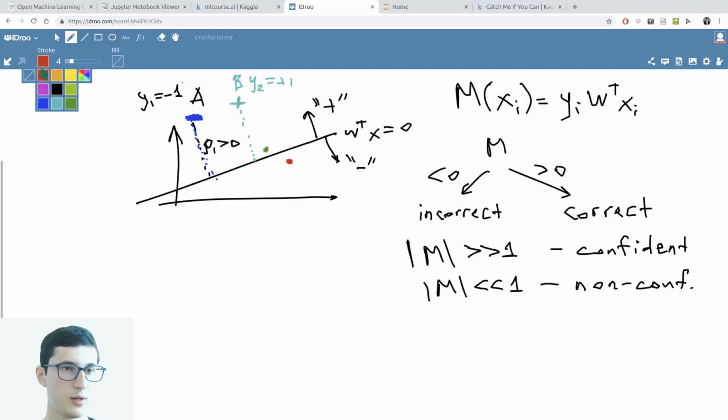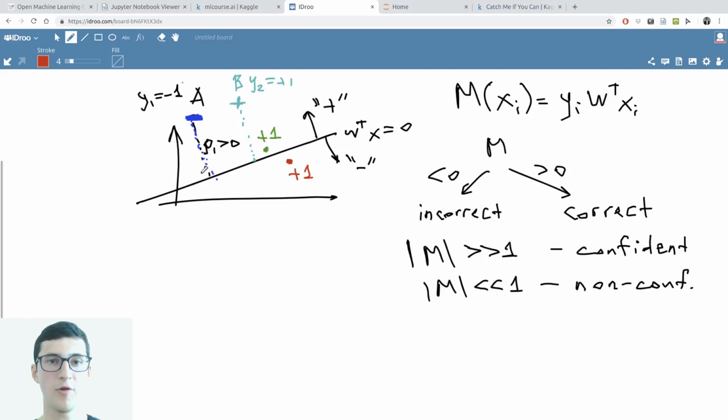So let's say if the third point is actually a positive example, here we don't make a mistake, but if the fourth point is also a positive example, we've made a mistake, but not as big as for the first point where classification was confident but incorrect.